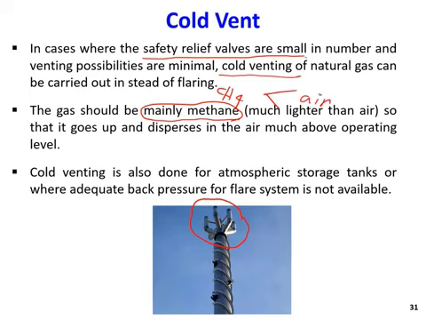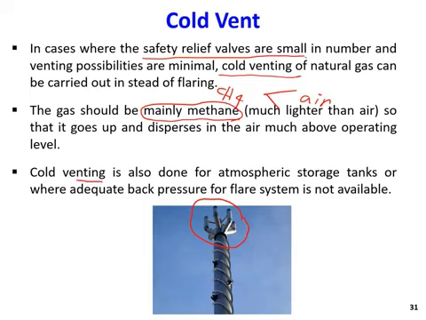So in that case, we can make sure that it is lighter and the density is lower, so it can just go up, not come back to the ground surface. Then for the level of the flaring, we have to also design it properly to make sure that we flare all those gas out to the atmosphere.